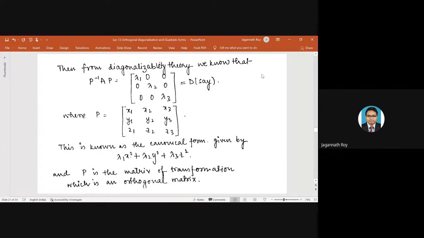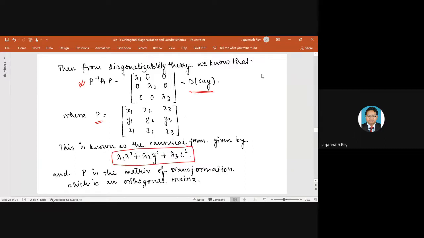From the diagonalizability theory, we know that P inverse A P is equal to D. Now if you multiply by this P matrix in this form, you will get what is known as the canonical form.